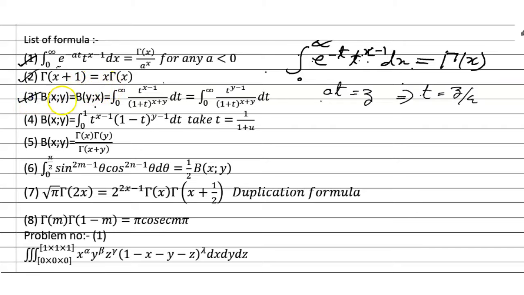Beta x, y is equal to beta y, x, which is equal to the integral from 0 to infinity of t to the power x minus 1 over (1 plus t) to the power x plus y dt, and the integral from 0 to infinity of t to the power y minus 1 over (1 plus t) to the power x plus y dt, and beta x, y is equal to the integral from 0 to 1 of t to the power x minus 1 into (1 minus t) to the power y minus 1 dt.